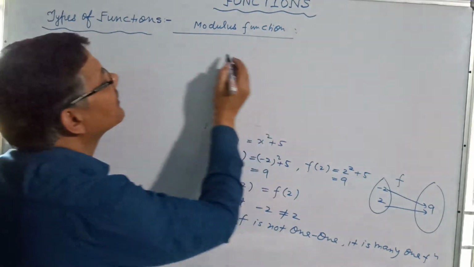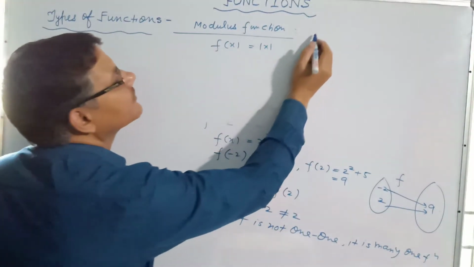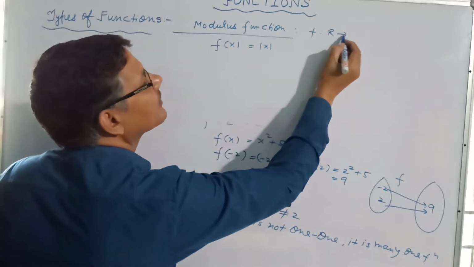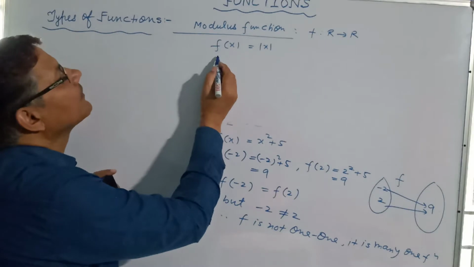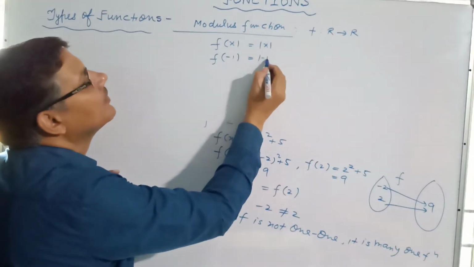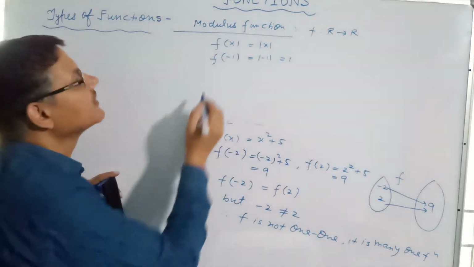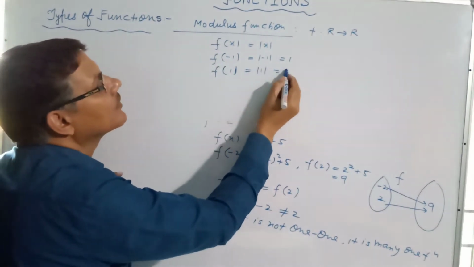Modulus function means it is defined as f(x) equal to |x|, and actually it is a function from the set of real numbers to real numbers. Again there is a scope of contradiction. If I write this is minus 1, then f(-1) is equal to 1, and at the same time f(1) is equal to 1.